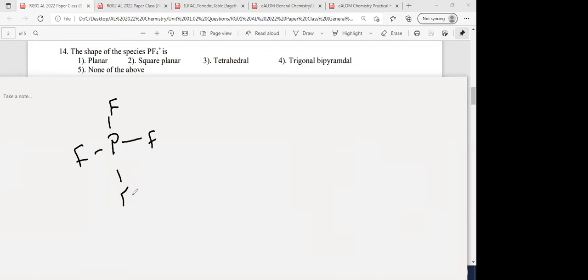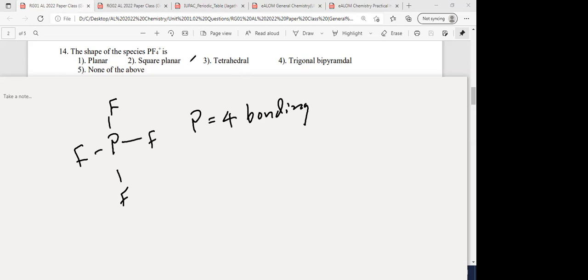So then what is the geometry? According to VSEPR, valence shell electron pair repulsion theory, around phosphorus there are 4 bonding pairs, 0 lone pairs. Then what is the geometry?